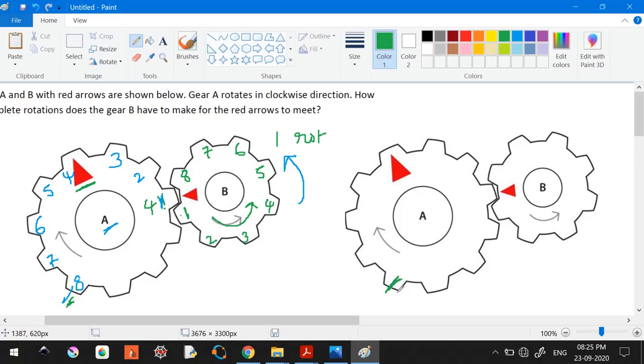So in the next rotation, what is happening? Okay, so after one rotation, this tooth is coming here, right?